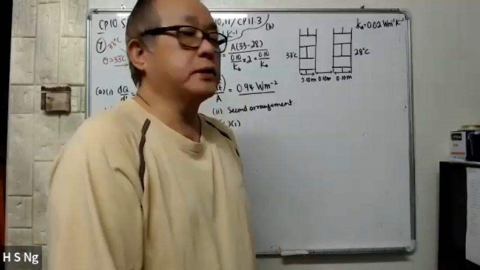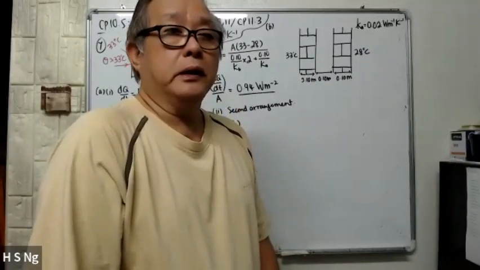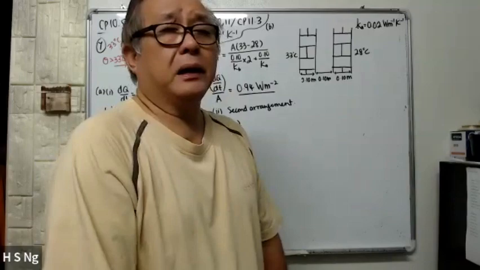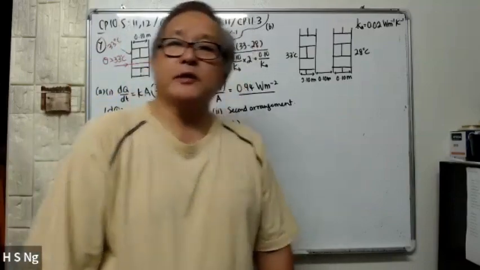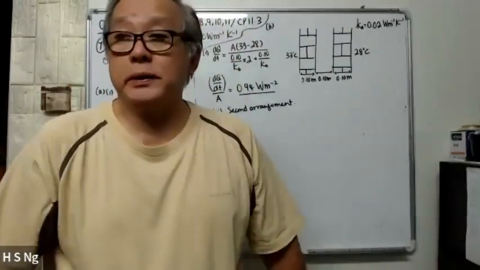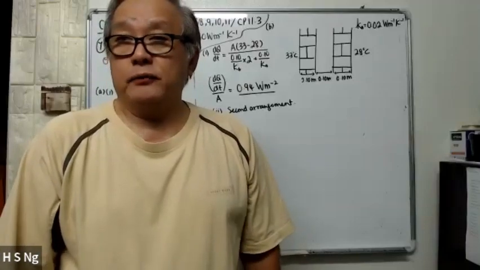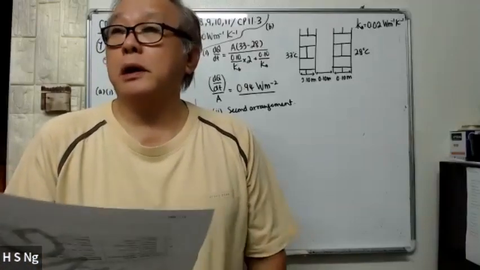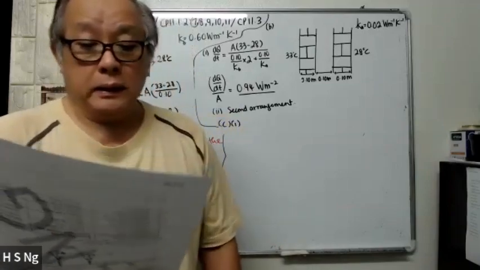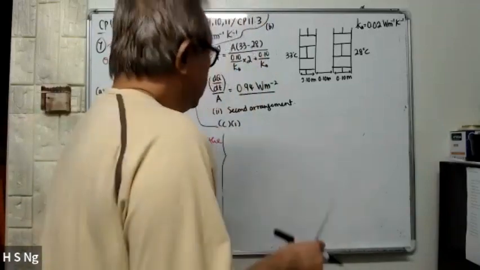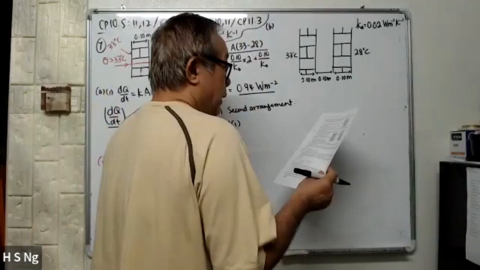This one, be careful, it hasn't come out in the exam. So how do you compare? You want to compare, you must have the same difference in temperature, understand? And you have to have the same area, okay? So that's how you compare.